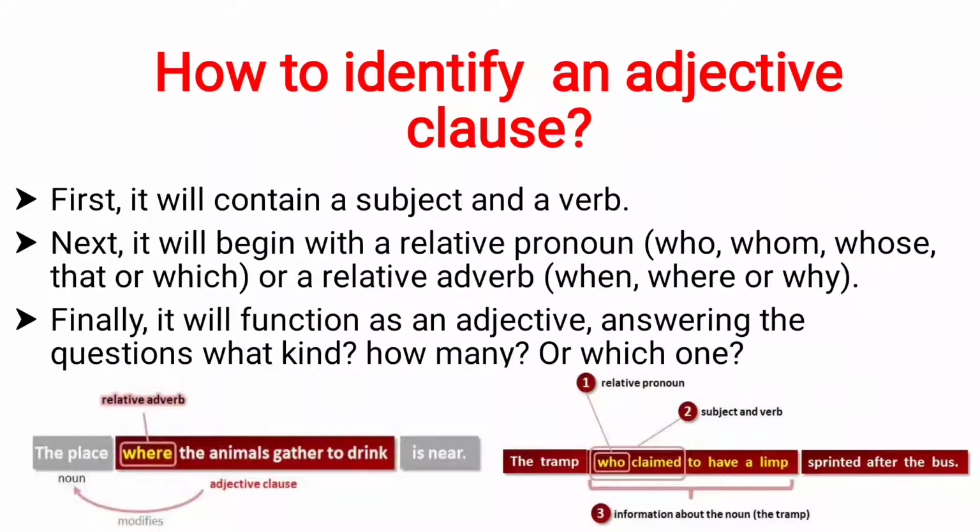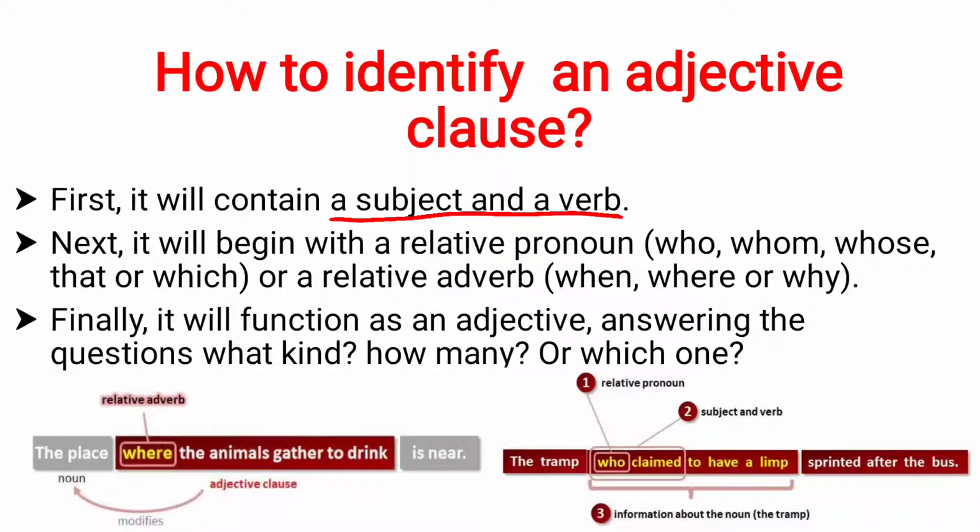Now let us try to understand how to identify an adjective clause in a sentence. First of all, we need to check whether it contains a subject and a verb or not, because we need to identify a clause.